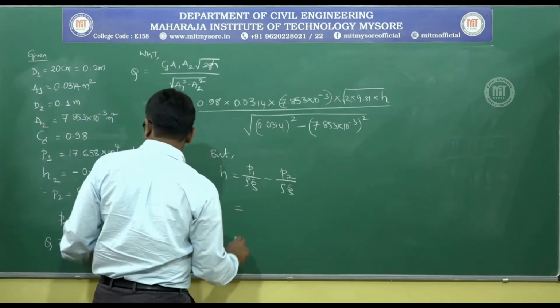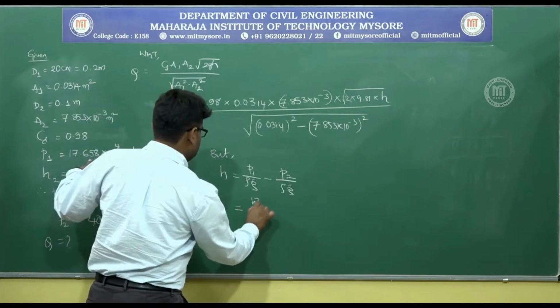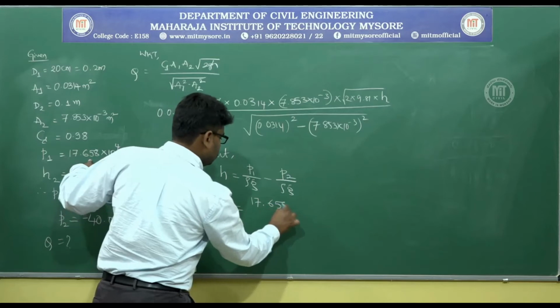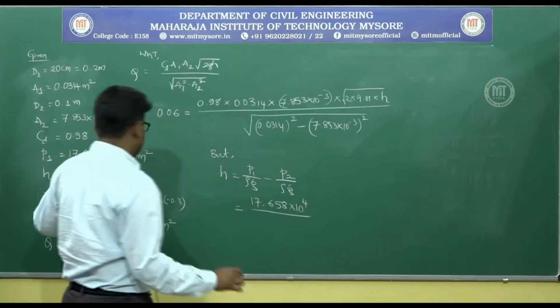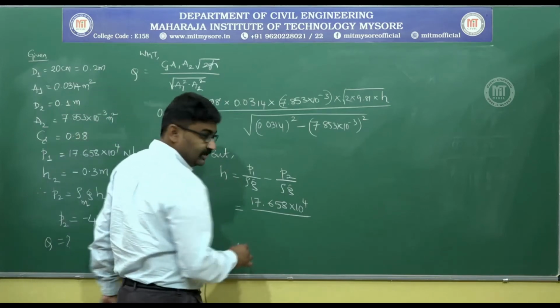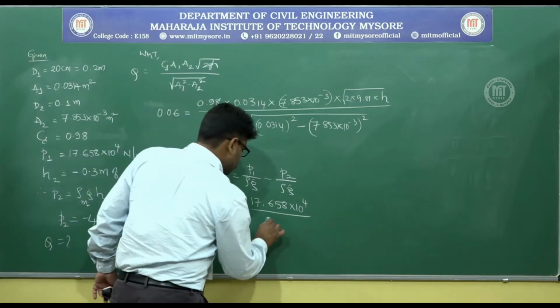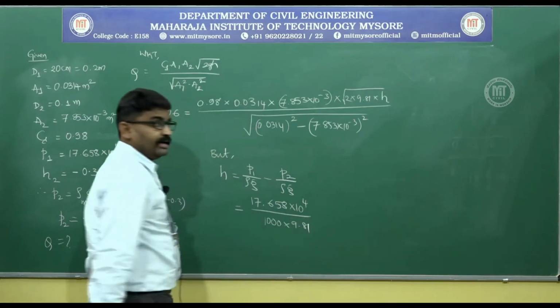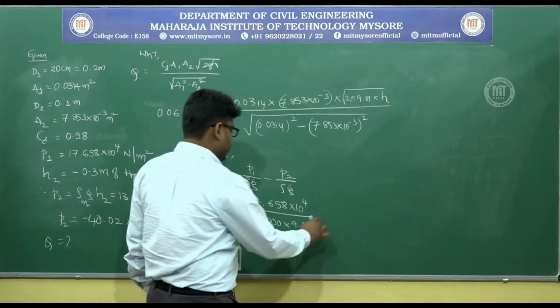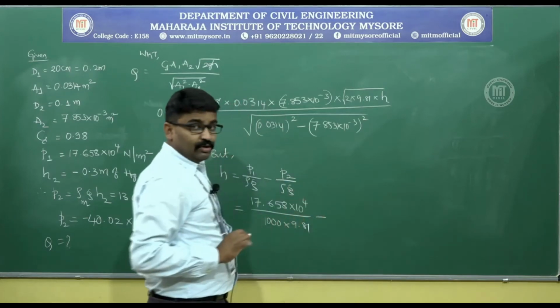P1 by rho g minus P2 by rho g. P1 has been given as 17.658 into 10 power 4 divided by rho g, water is flowing. So, it is 1000 into 9.81 minus, what is P2?